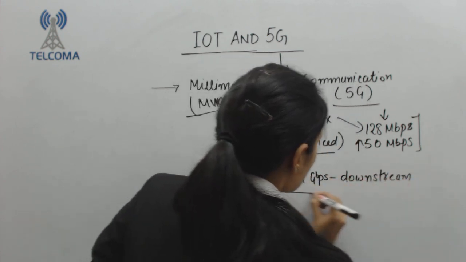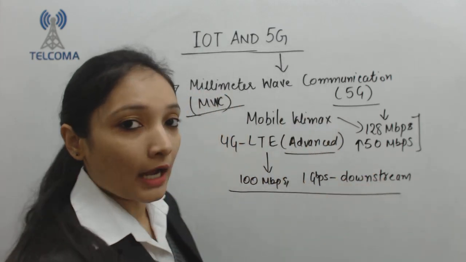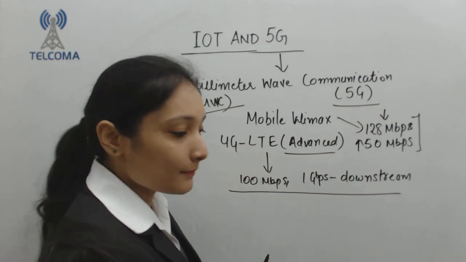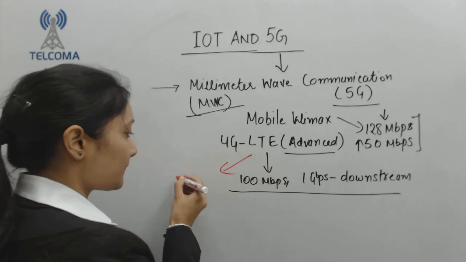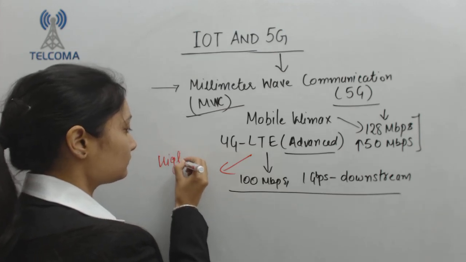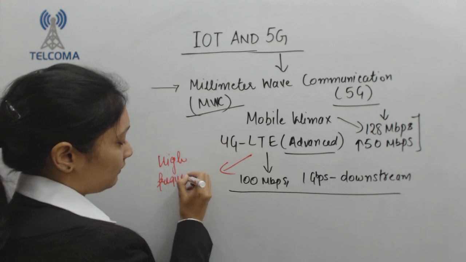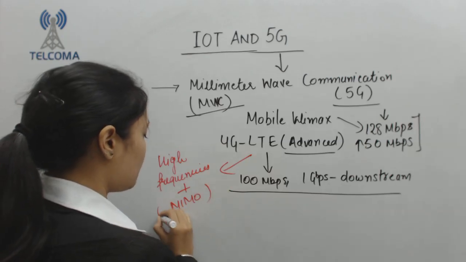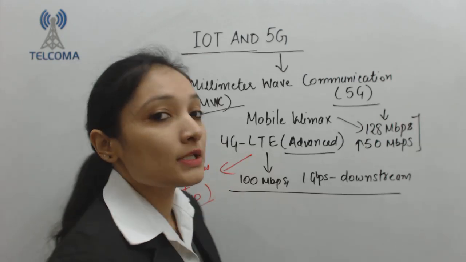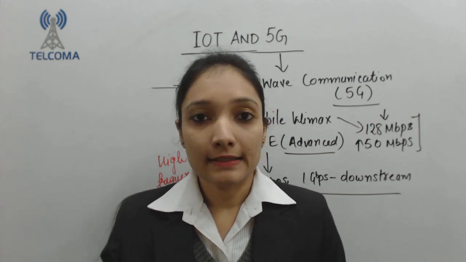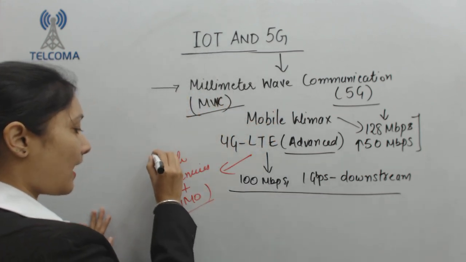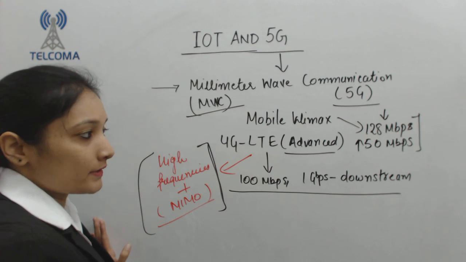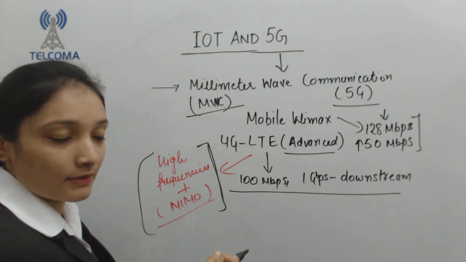Your fourth generation of cellular technology is able to achieve these high data rates by utilizing higher frequencies and MIMO technology, which is multiple input and multiple output technology, to increase the strength of the signal. Yes, these high frequencies and multiple antenna technologies will be used in the fifth generation of cellular systems also.